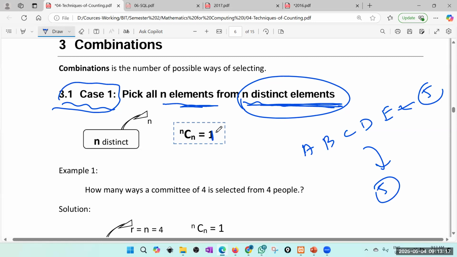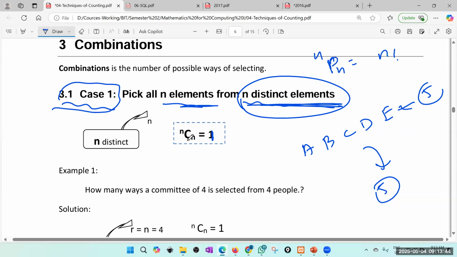Say we have 11 players, and we need to pick a team of 11. How many ways can we pick? Only one, because we need to take all 11. So therefore, nCn is 1. Remember, nPn was factorial n. That is permutation.